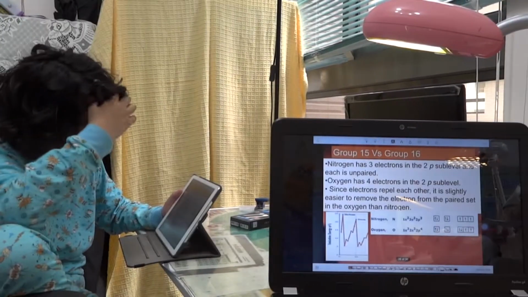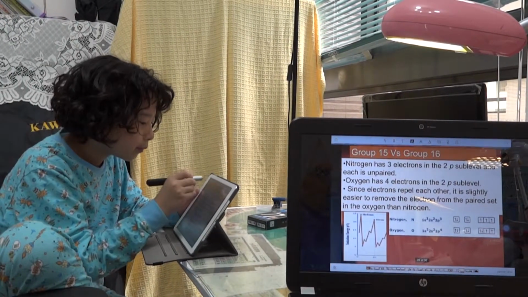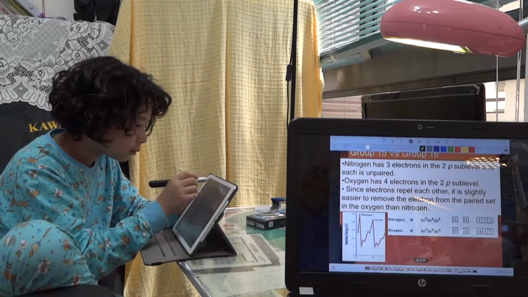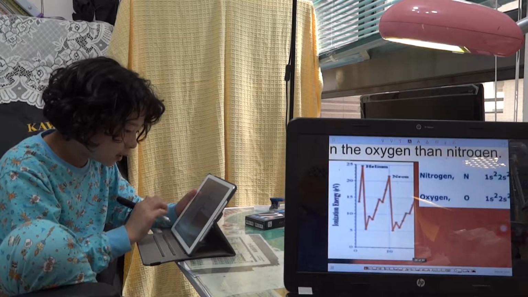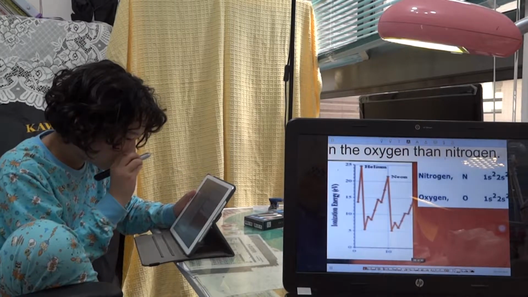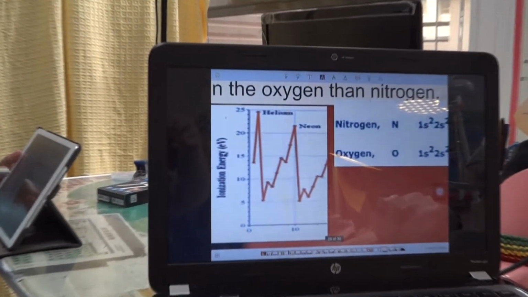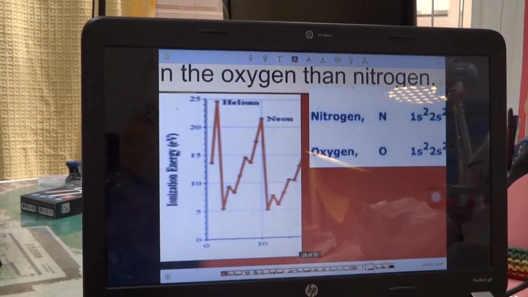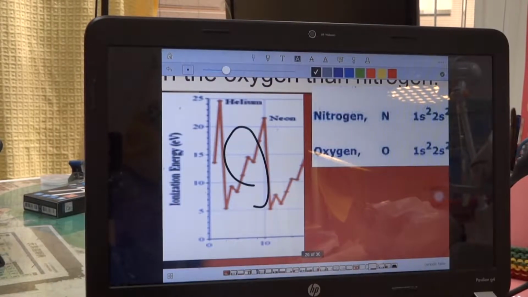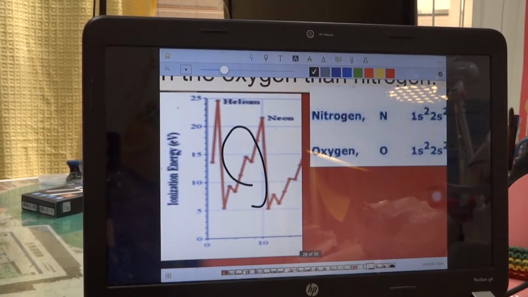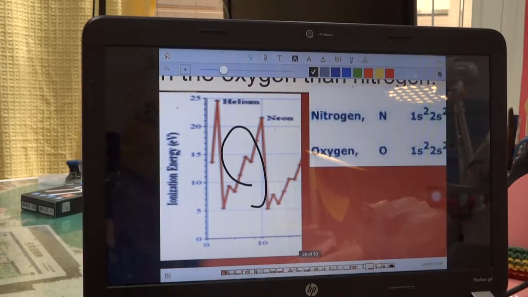So group 15 and group 16. What happened? First, let's see: helium, hydrogen, 2, 3, 4, 5, 6. So why does something drop? 3, 4, 5, 6, 7. Why does it suddenly drop? It's very easy.